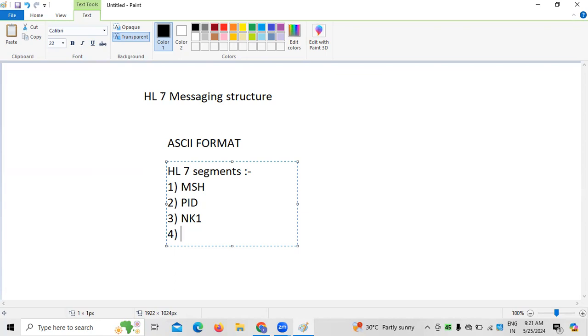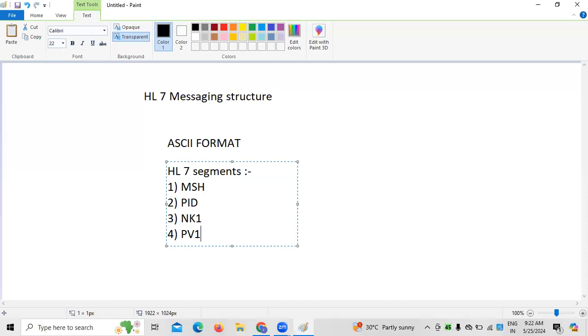Last but not least, one more segment we normally use is called PV1. PV1 is the patient visit segment, which contains information about the patient's hospital stay, like the assigned location and the referring doctors.